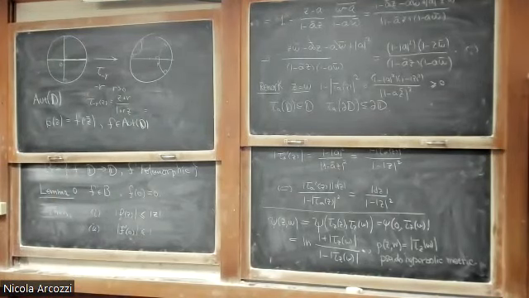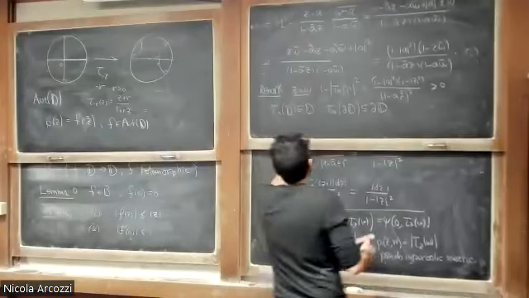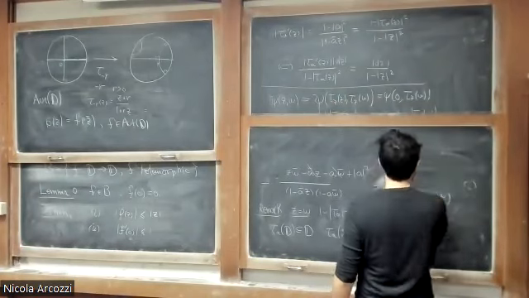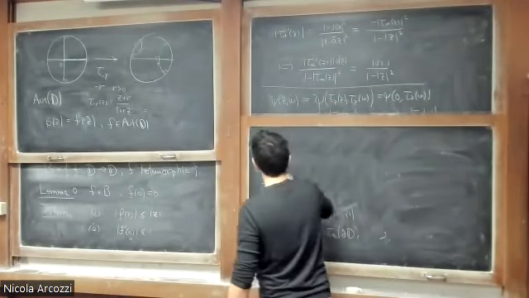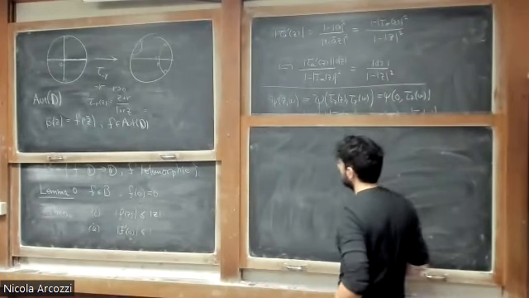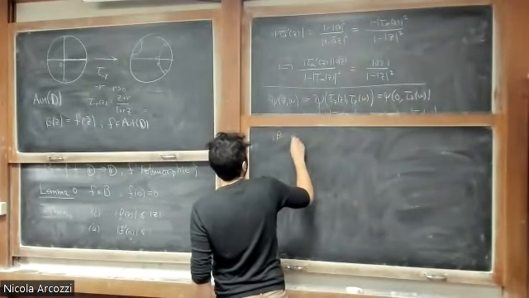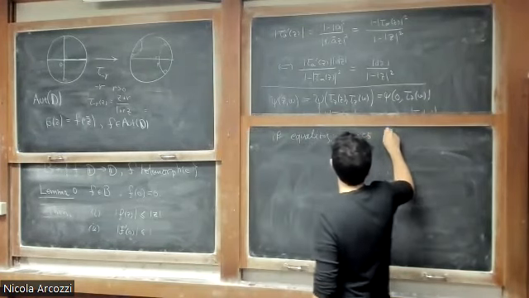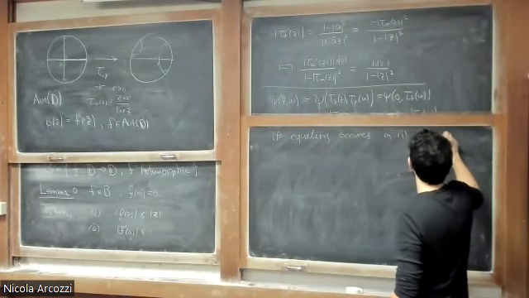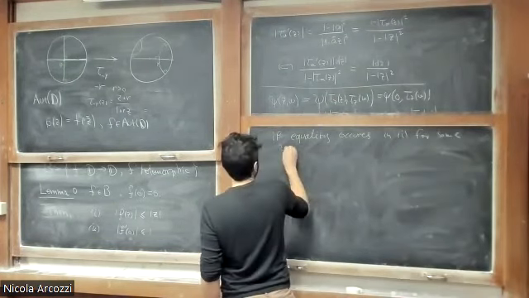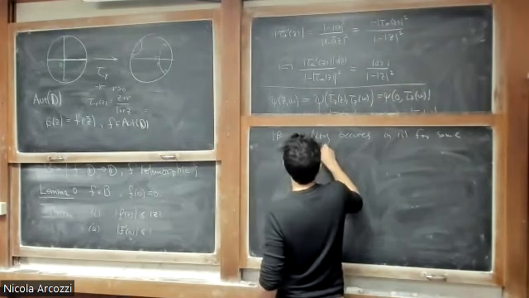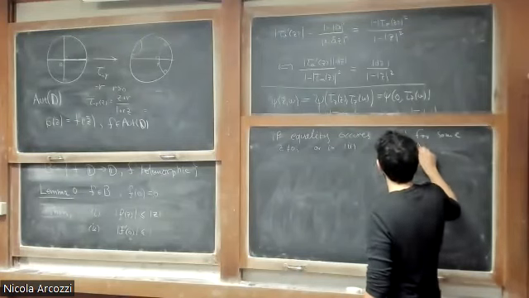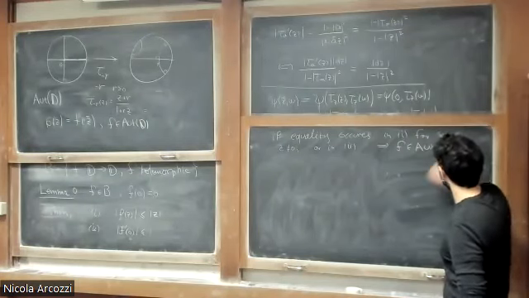And furthermore, if equality occurs in one of them for some non-zero z, then f is actually an automorphism of the unit disk.